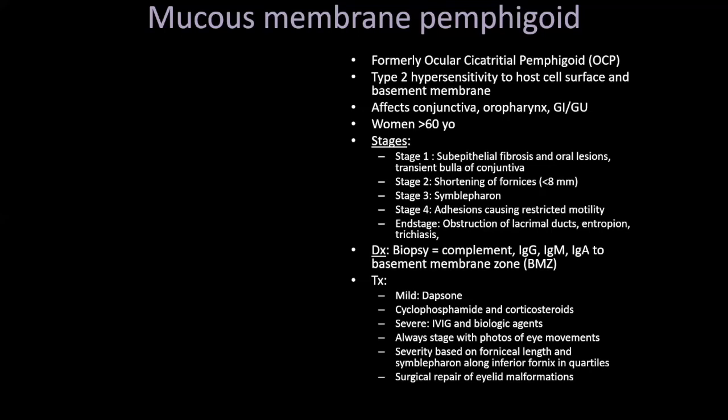Why? It used to be ocular cicatricial pemphigoid, but why the change in name? It has a reason. What qualifies to be called a mucous membrane pemphigoid? It's not only about the eye, but the other entities. Who can tell me?